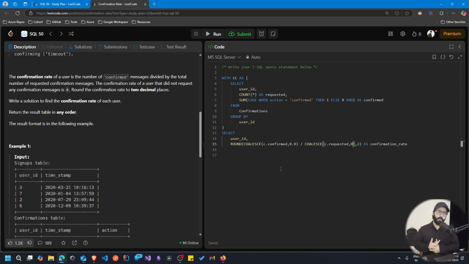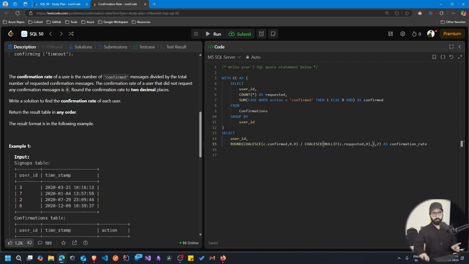Now one more thing here: if no one has requested, then there might be a divide by 0 exception. To handle that, we can use the NULLIF function. If these both values are the same, it will return null.